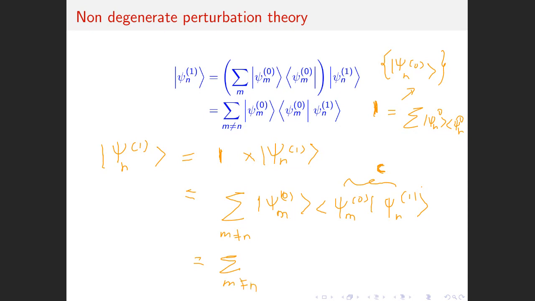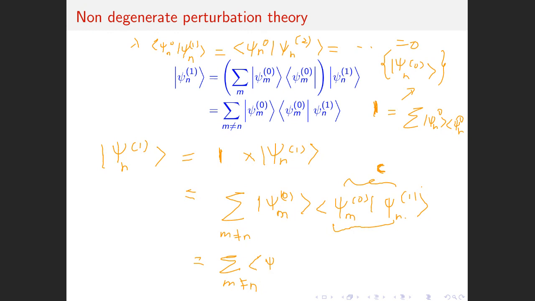M equal to n doesn't really contribute because you already know that psi_n^0 and psi_n^1 are orthogonal, but I don't want to be carrying around a null state all over, so I'll explicitly say that m is not equal to n, even though m equal to n doesn't contribute, because we have shown that, remember this condition: ⟨psi_n^0|psi_n^1⟩ = ⟨psi_n^0|psi_n^2⟩ = ... = 0.